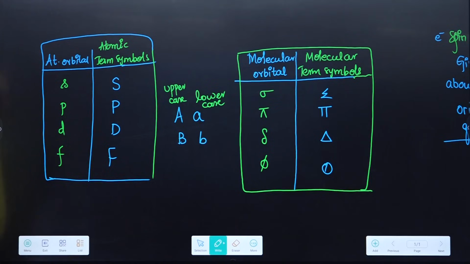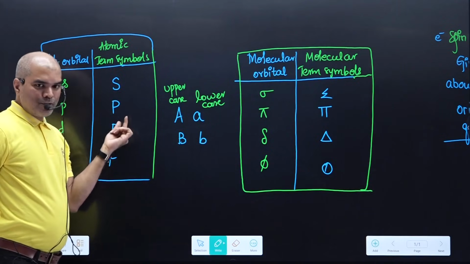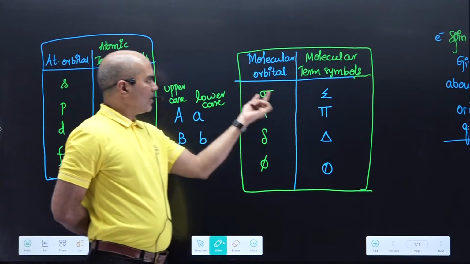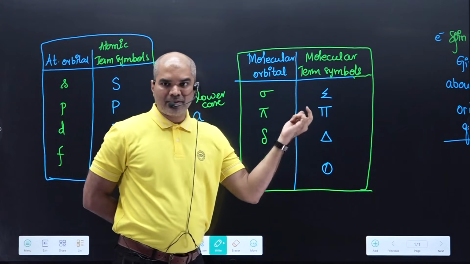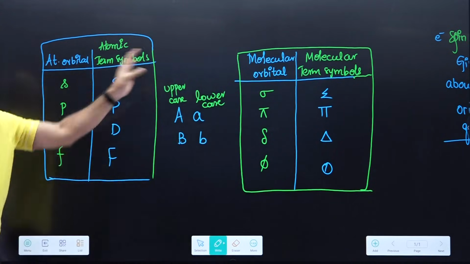What correlation can you see in all of them? I have correlated atomic orbitals with atomic term symbols or different energy levels, molecular orbitals with molecular term symbols. What is the correlation between these atomic and molecular symbols?